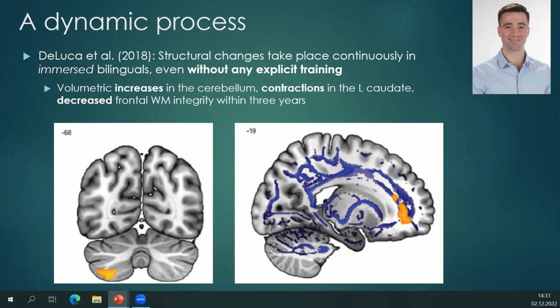And we found a measured decrease in the cerebellum, contractions in the left quadrant that you cannot see there, the support structure, and also decreased frontal white matter integrity. All of these things happening within 3 years without them doing anything, right? So the only thing they did, they remained immersed in an L2 speaking environment.